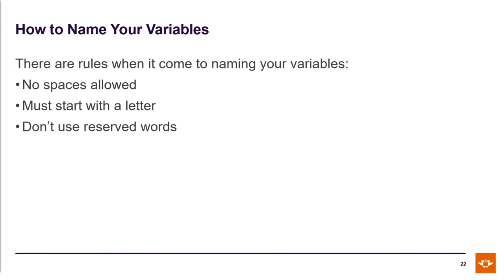From a religious point of view, a reserved word would be something like Jesus, which is reserved for the Messiah in the Christian faith. It is the same thing here. Reserved words are any words that the programming language can interpret as something else.